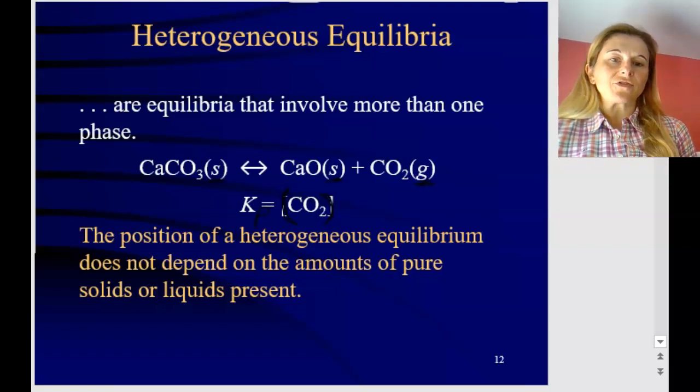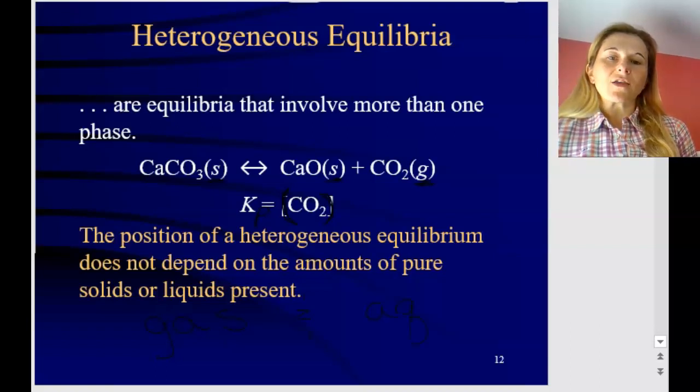The position of a heterogeneous equilibrium does not depend on the amounts of pure solids or liquids present. So for K, we can only use gas and, what's the other one? Aqueous. We can only use aqueous solutions.